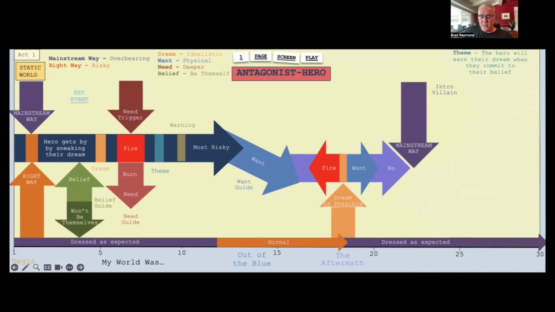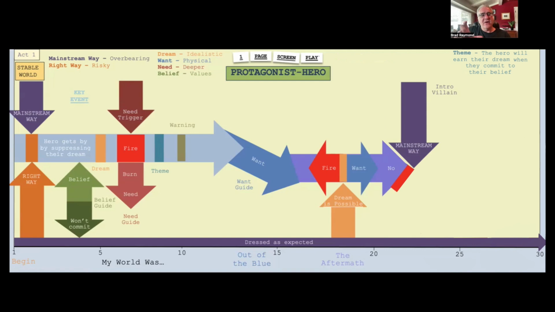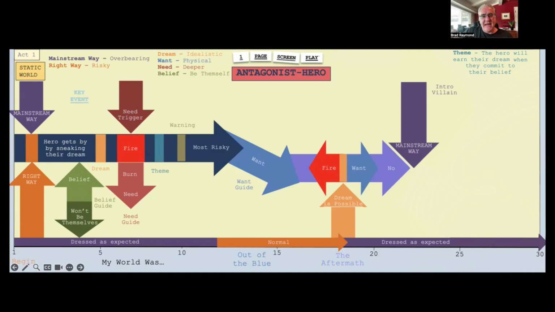And so Remy's there. Instead of that fire that we talked about with the protagonist, when the mainstream way comes down hard on them, what happens with an antagonist hero is this belief, this who they are. They become themselves in a very profound way, as a result of this mainstream way. See, they're not flawed.